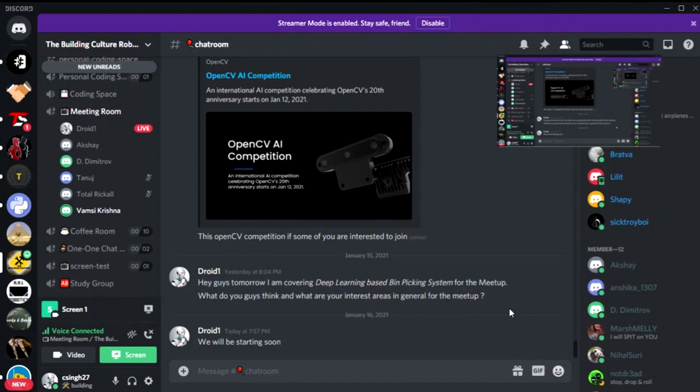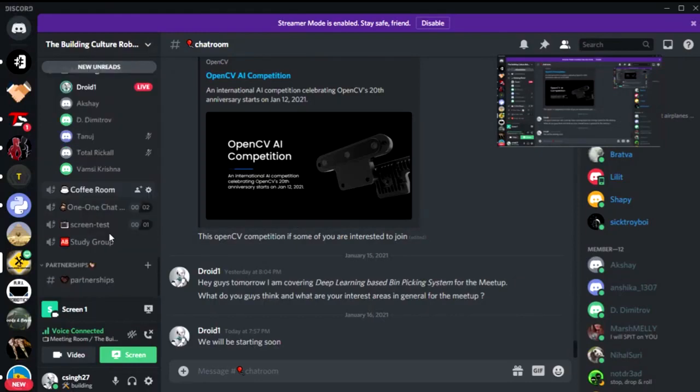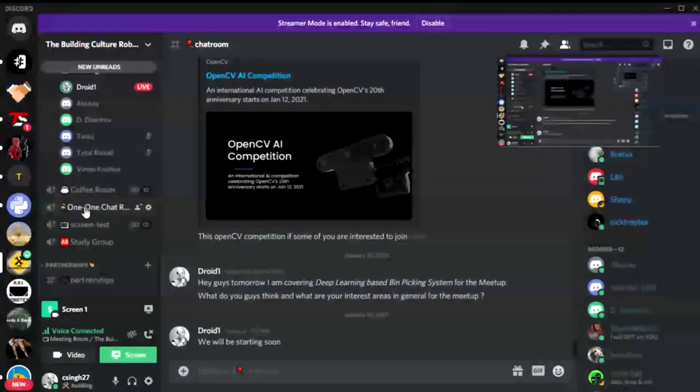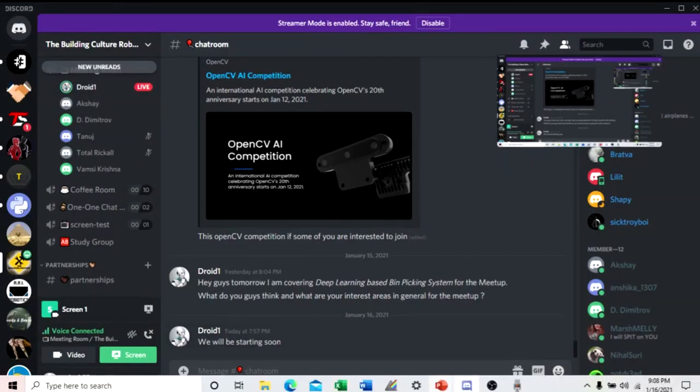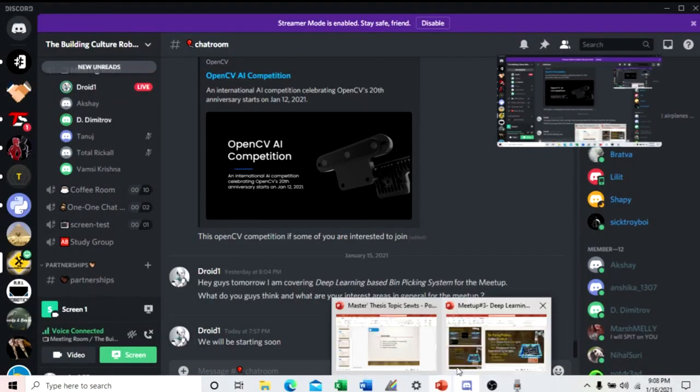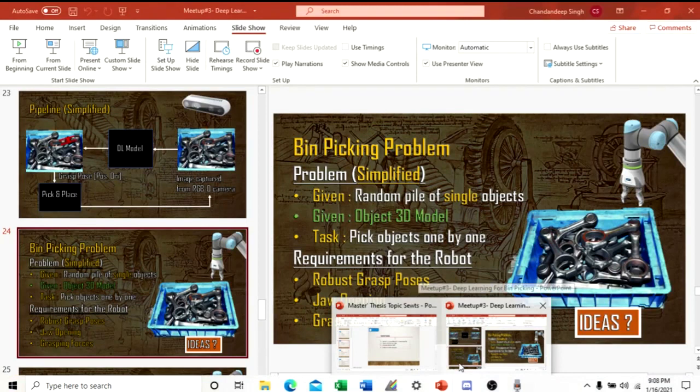We can also meet individually. We can even speak together. Definitely. After we finish, I don't know how many chat rooms you would need, but there's a one-on-one chat room where two people can interact, or 10 people. We have a so-called coffee room and other rooms. Just let me know, I'll create an additional room. You can interact individually. Okay, great. Maybe later I will get in touch and we'll organize. Sure.